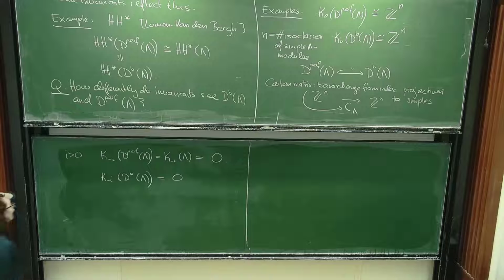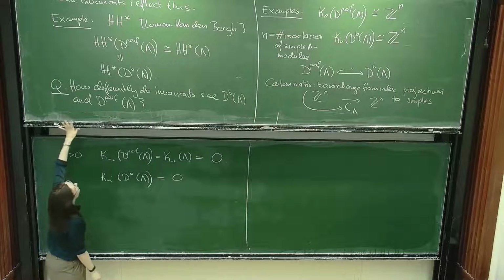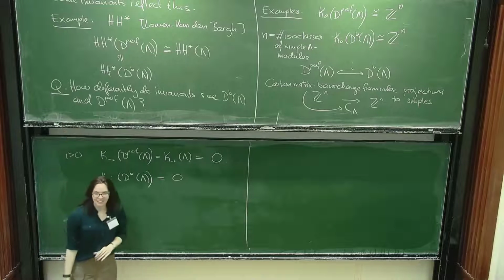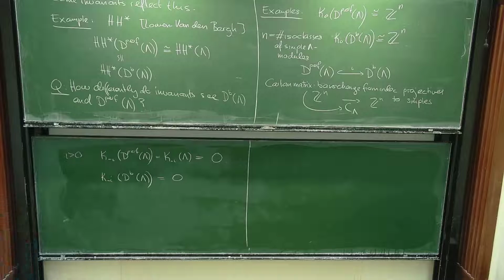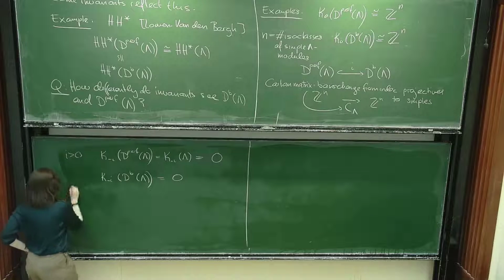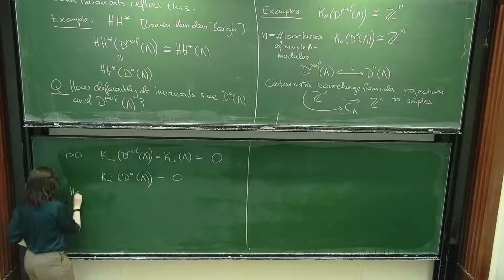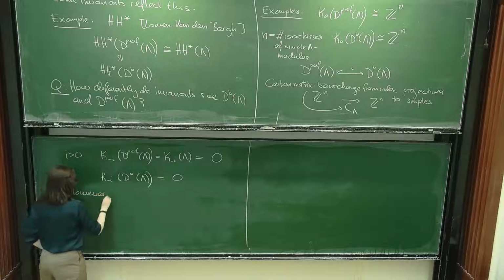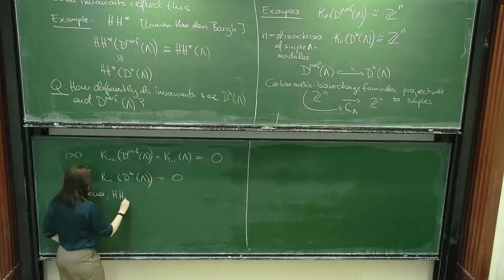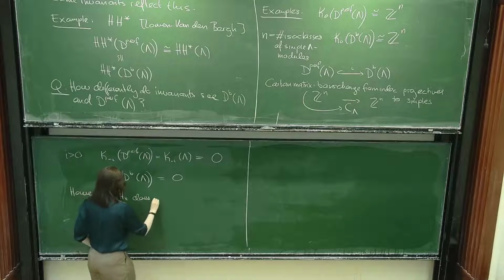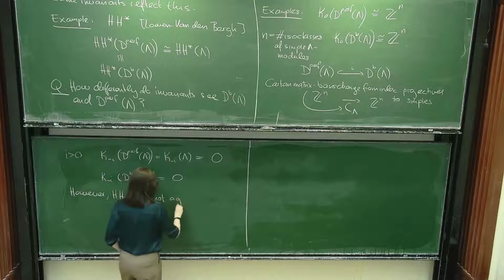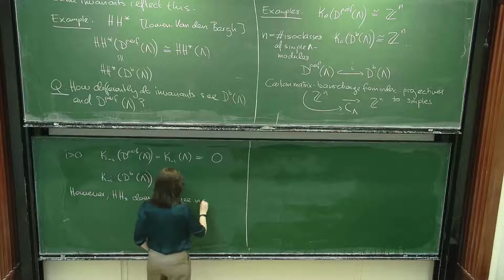But we should not get carried away by that because of what Ben had said before, which is, what if we look at Hausdorff homology? However, Hausdorff homology does not agree in general.